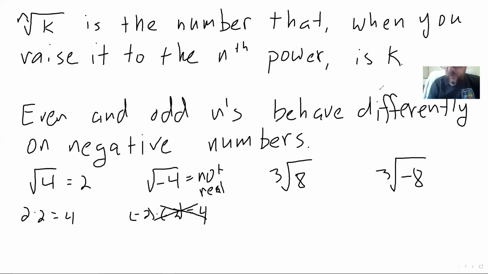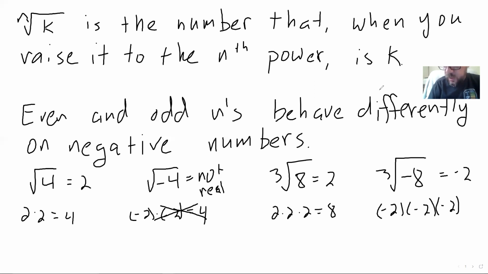On the other hand, the third root of 8 is 2, because 2 times 2 times 2 is 8. So that works pretty much exactly the same as the square root version, but the third root of negative 8 is negative 2. That's totally fine because minus 2 times minus 2 times minus 2 is negative 8.